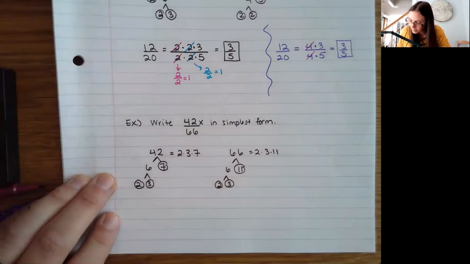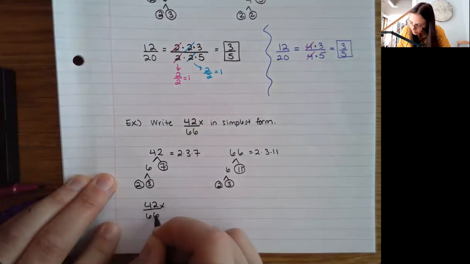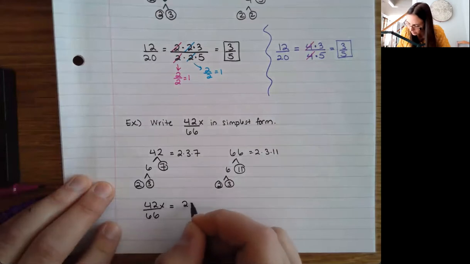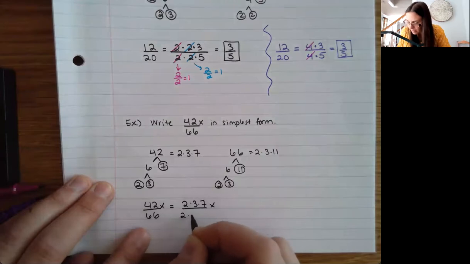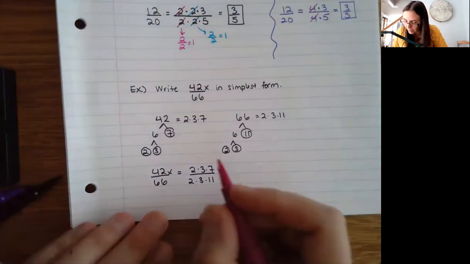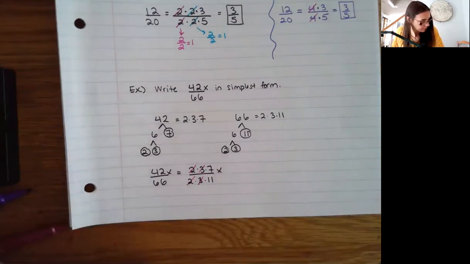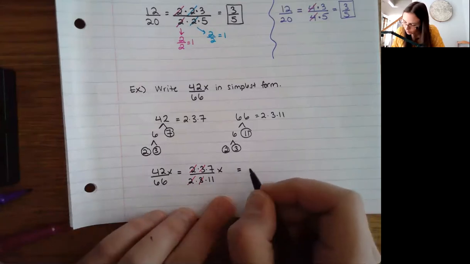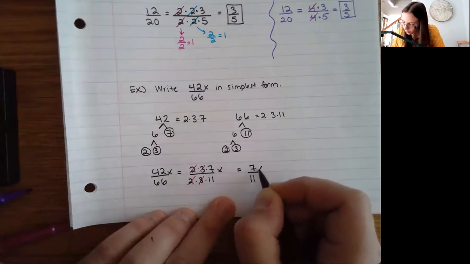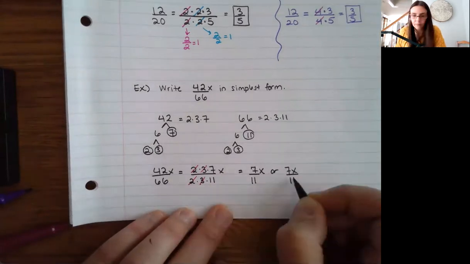So what this becomes then is that 42x over 66 becomes 2 times 3 times 7x, over 2 times 3 times 11. So we're just going to let that x hang out in the numerator, and I'm going to cancel my factors in common here, and I get a final answer of 7 over 11x, or you can write it as 7x over 11. Those are both the same thing.